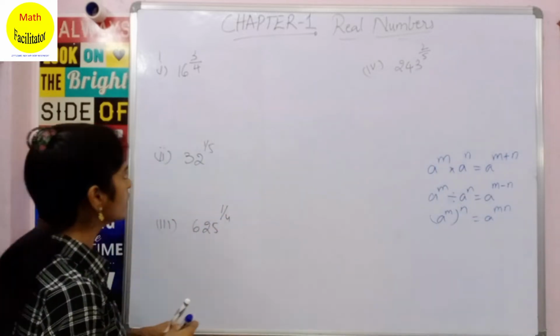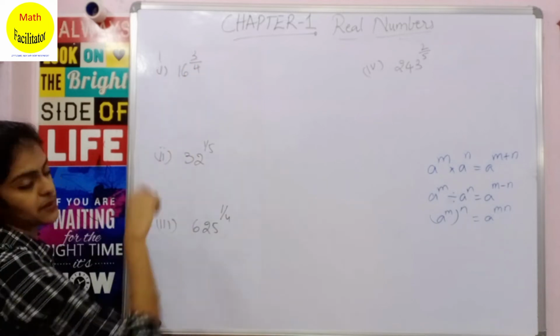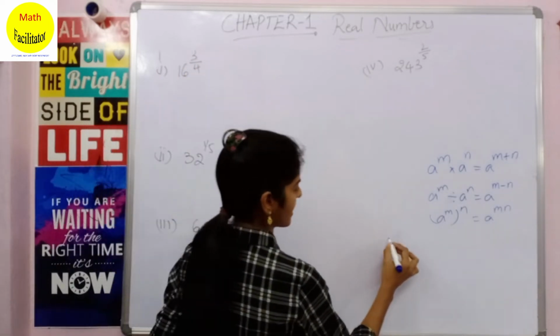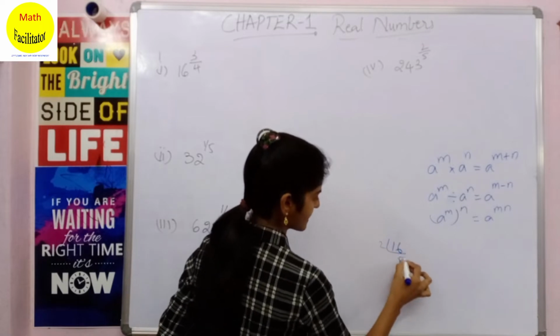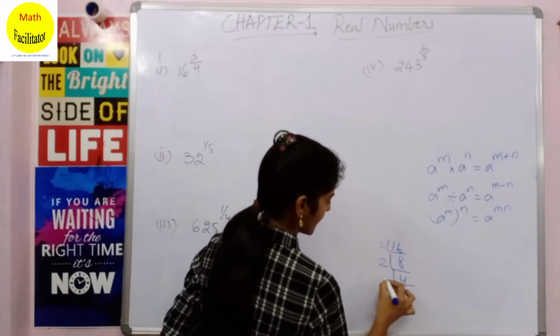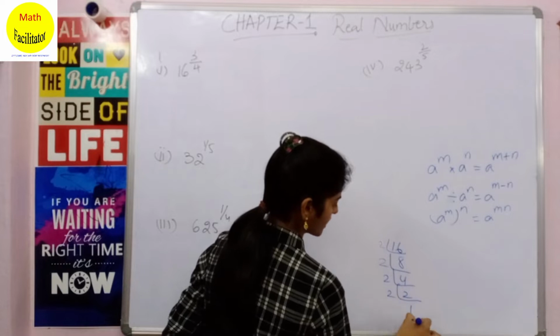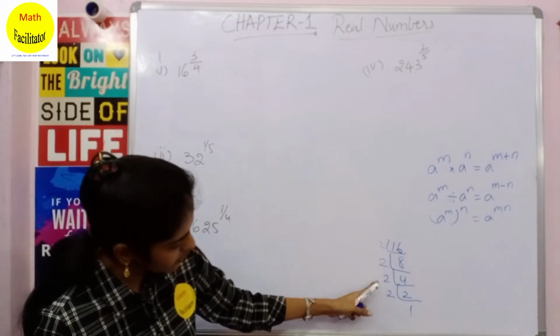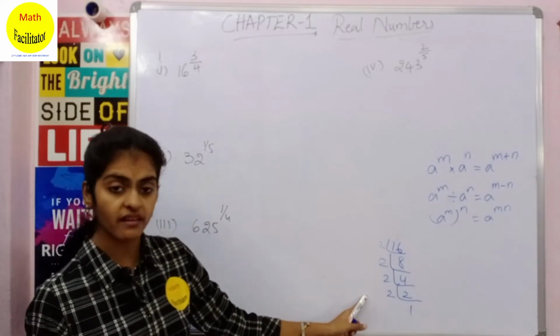Now you have 16 to the power 3 by 4. Let us prime factorize 16. 2 8s are 16, 2 4s are 8, 2 2s are 4 and 2 1s are 2. So 16 can be written as 2 into 2 into 2 into 2, which is nothing but 2 power 4.